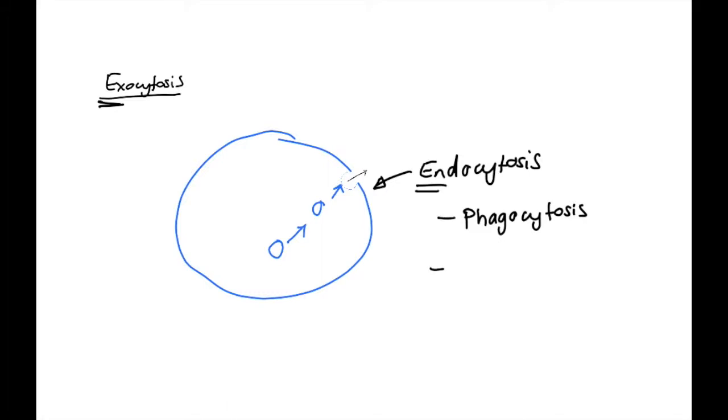And if it's pinocytosis, it means taking in dissolved material. And that's it. They're our transport mechanisms, all of them. Okay, our three passive: diffusion, facilitated diffusion, osmosis, and then our active: transport protein pump, exocytosis, endocytosis. And that is it.